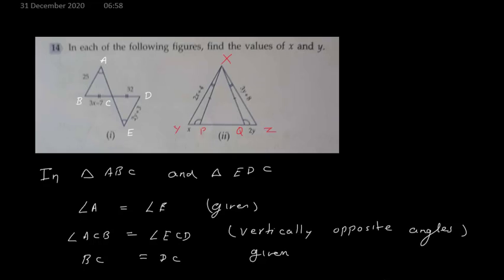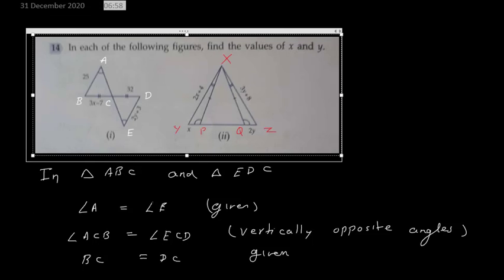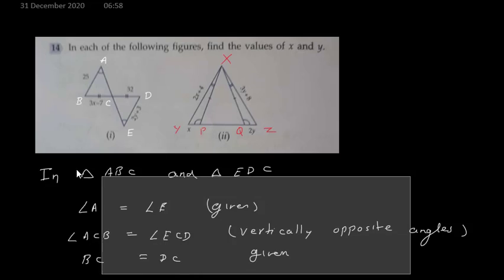So this triangle and this triangle are going to be congruent. Alright. In triangle XYP and triangle XZQ.